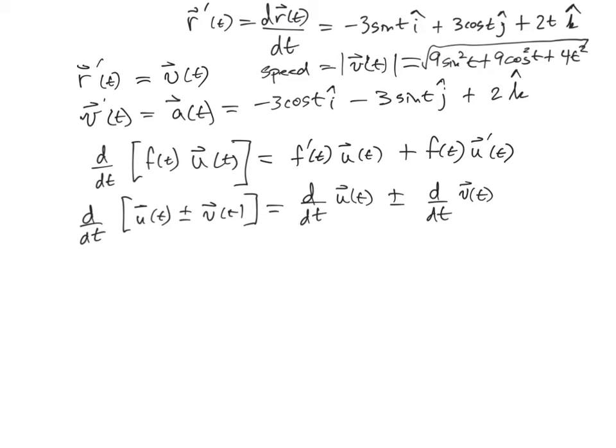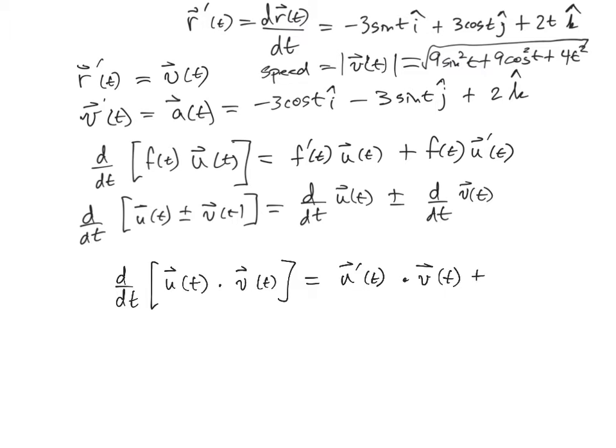So really the product rule for two vector functions, if it's the dot product of these two vector functions, well, it's just the same thing. The derivative of the first dot the second plus the first dot the derivative of the second. So it's the same product rule. And thankfully, cross product is the same thing.